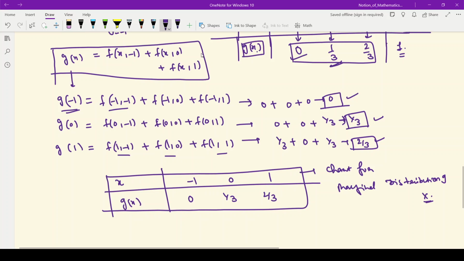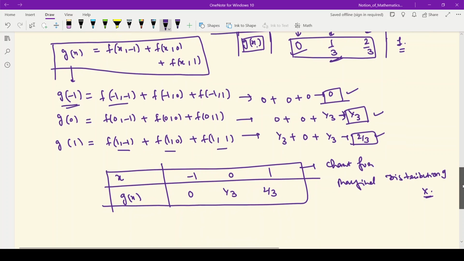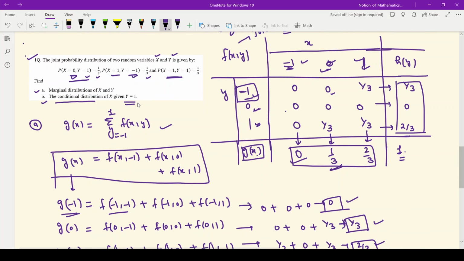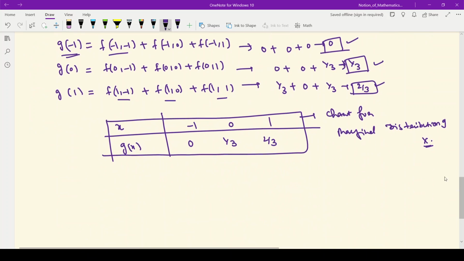Now thereafter I am interested in finding the marginal distribution of y. So this was the marginal distribution of x.